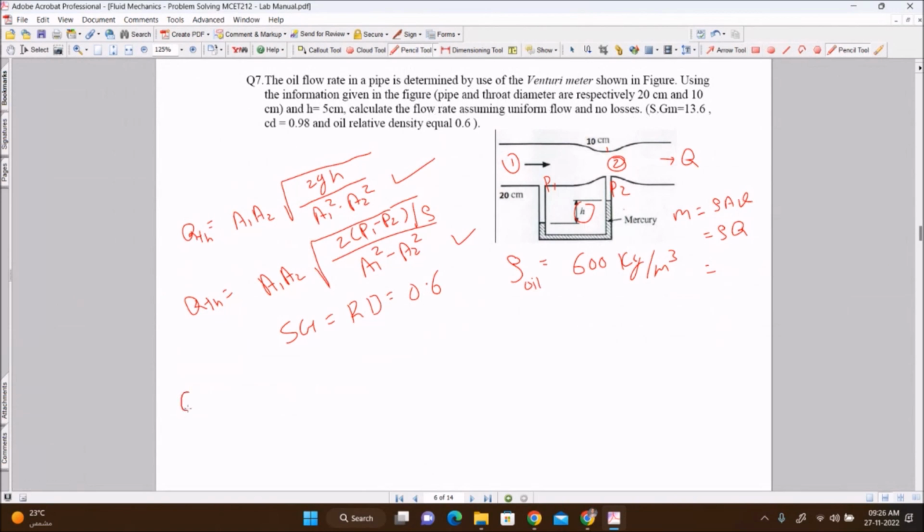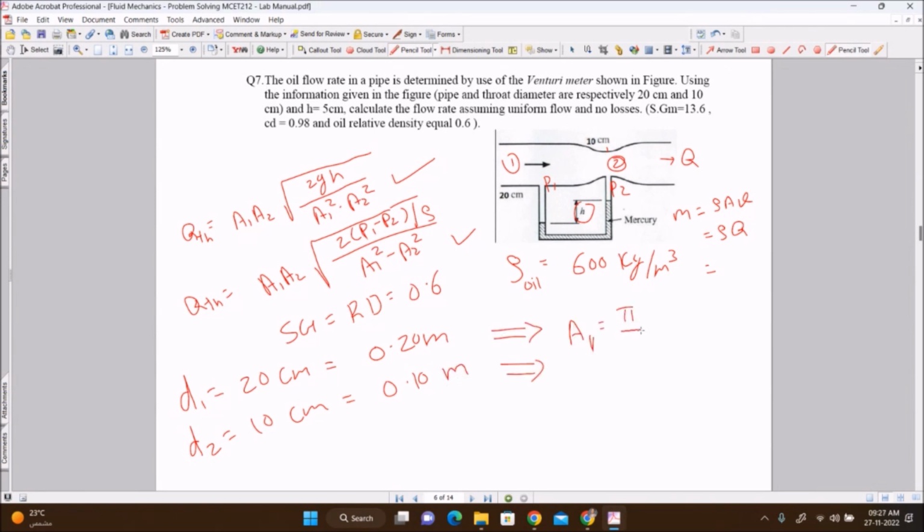So what is given? D1 is equal to 21 centimeter, immediately convert to meter, 0.2 meter. D2 is equal to 10 centimeter, 0.10 meter, divided by 100.